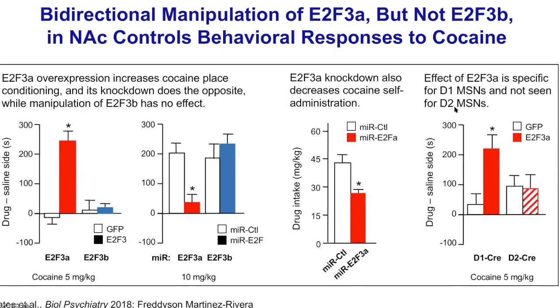These are Cre-dependent vectors using D1 or D2 Cre mice. Fredison was able to show that the ability of E2F3A overexpression to enhance cocaine rewarding responses is seen only upon overexpressing E2F3A in D1 medium spiny neurons, no effect in D2 medium spiny neurons.